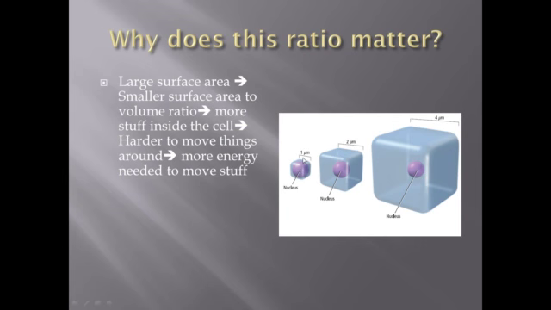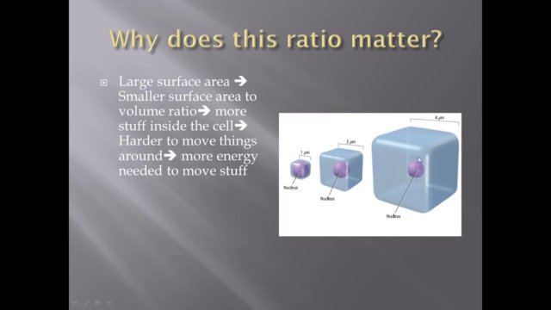So what you've seen here is that the amount of volume inside this cell has increased exponentially. It's increased very quickly. What that causes is that it's now a lot harder to move things around.